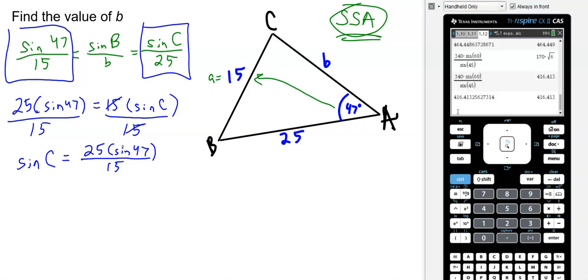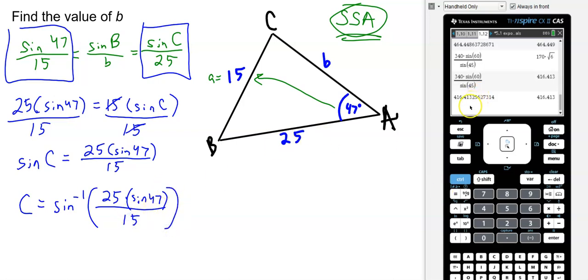And the last step to solve, you probably know this, is to take the inverse sine of both sides. We talked about this yesterday with the right triangle trig. It's still true. So we take the inverse sine of that whole side, which is 25 times sine of 47 all over 15.